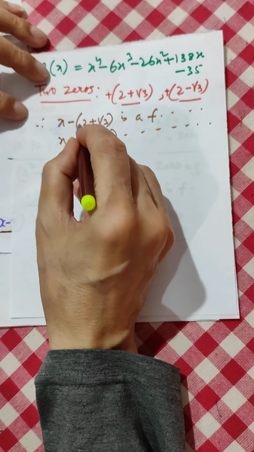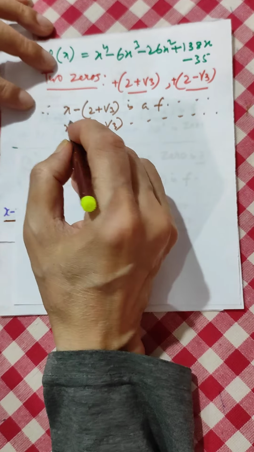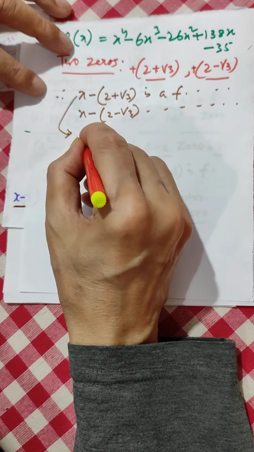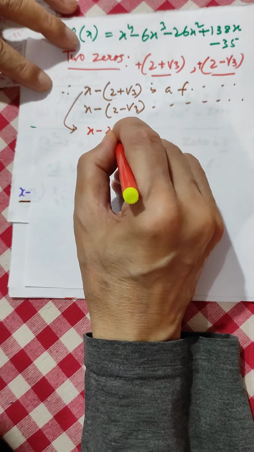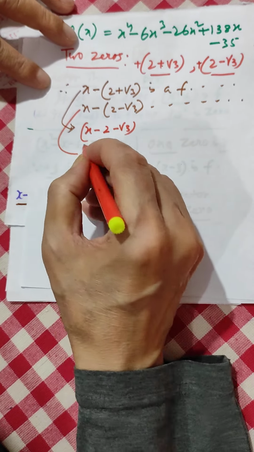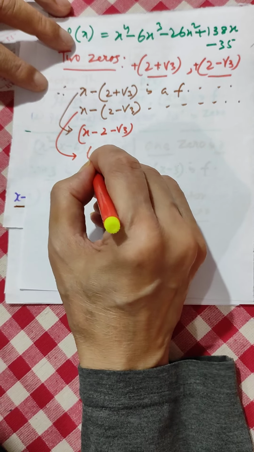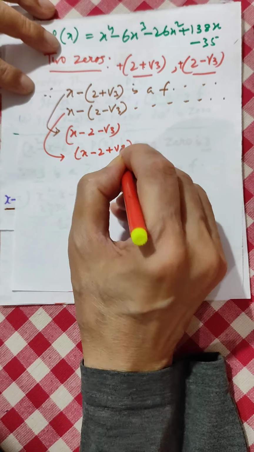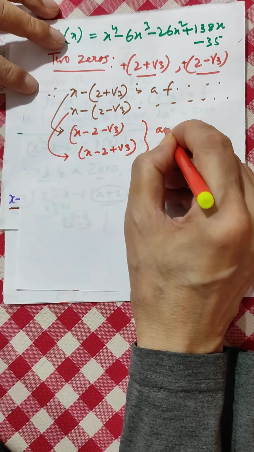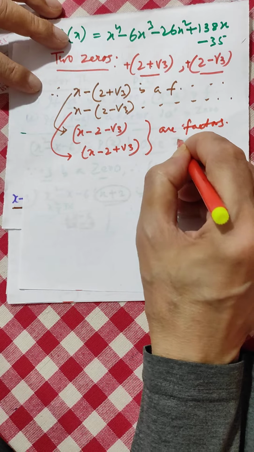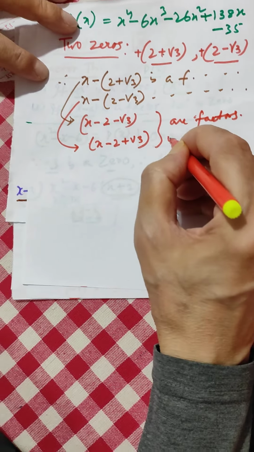Okay, now these two are factors of the given polynomial. Now we simplify. So the first one we simplify, we get x minus 2 minus root 3, isn't it? We open the bracket, and this one we simplify, we get x minus 2 plus root 3. Okay, that means these two are what? They are factors of the given polynomial p(x).